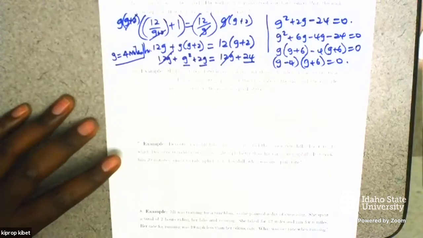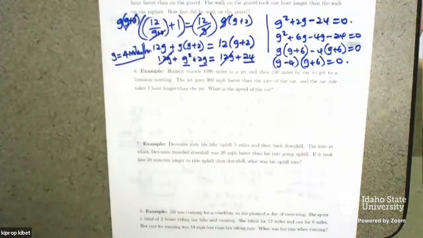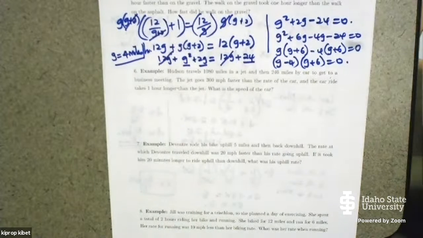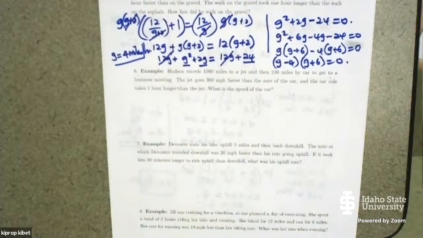So what was the question? How fast did he walk on the ground? 4 miles per hour. Any question? Okay, so you try the next one.